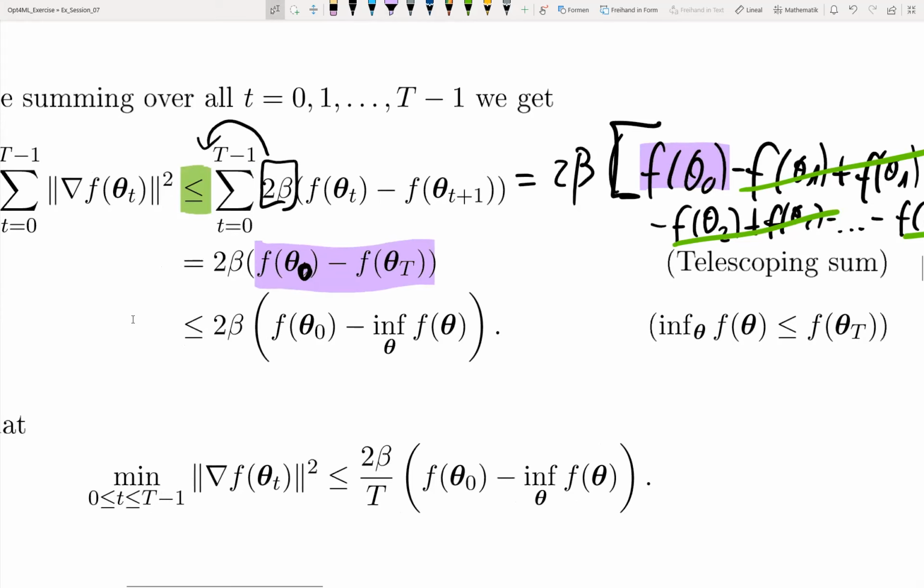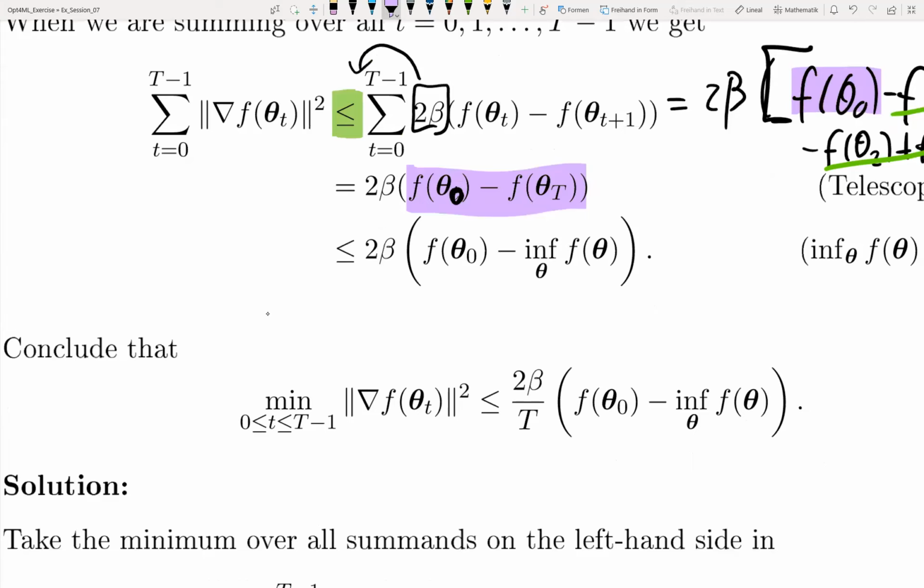From this inequality, which we wanted to show in B, this is exactly part B, we now want to conclude more or less the counterpart of what we had for the adaptive gradient methods, which was a bit more complicated with all these assumptions. Where we now have the minimal squared Euclidean gradient norm along the iteration bounded by the error we have in the very first iteration, and it's linearly decreasing with the iteration number.